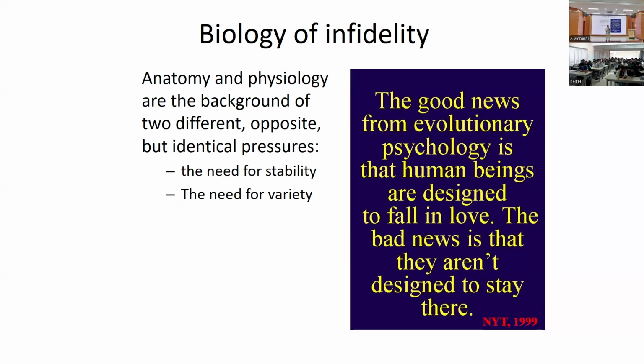We can stay with our partner for all our life, which is very advantageous from the selfish gene perspective. We may say that we want to have a new partner each week, which is also very good for the selfish gene. And both advantages are biologically equal. And this is very important also from a philosophical perspective, because no one can tell, I am monogamous because my nature is to be monogamous. It's not true.